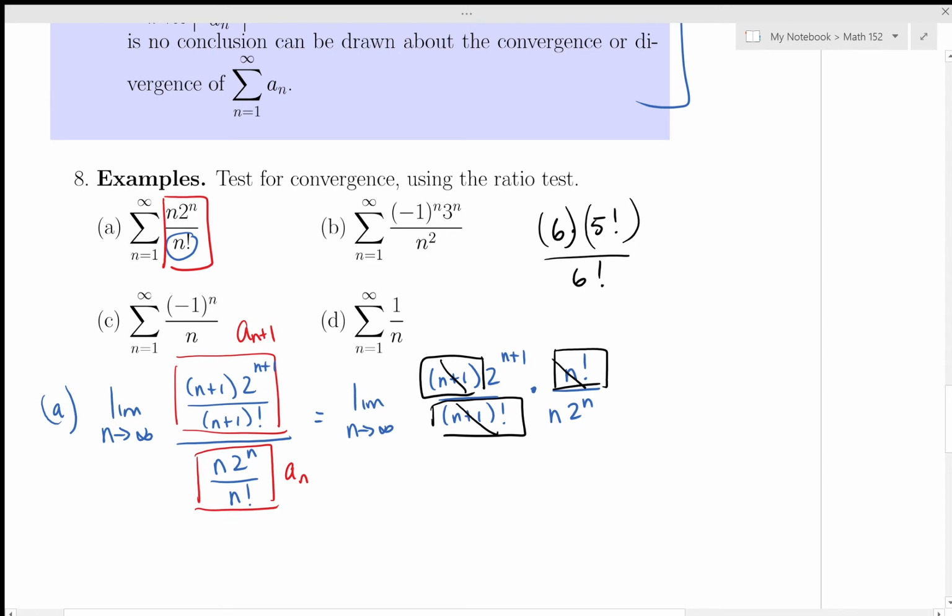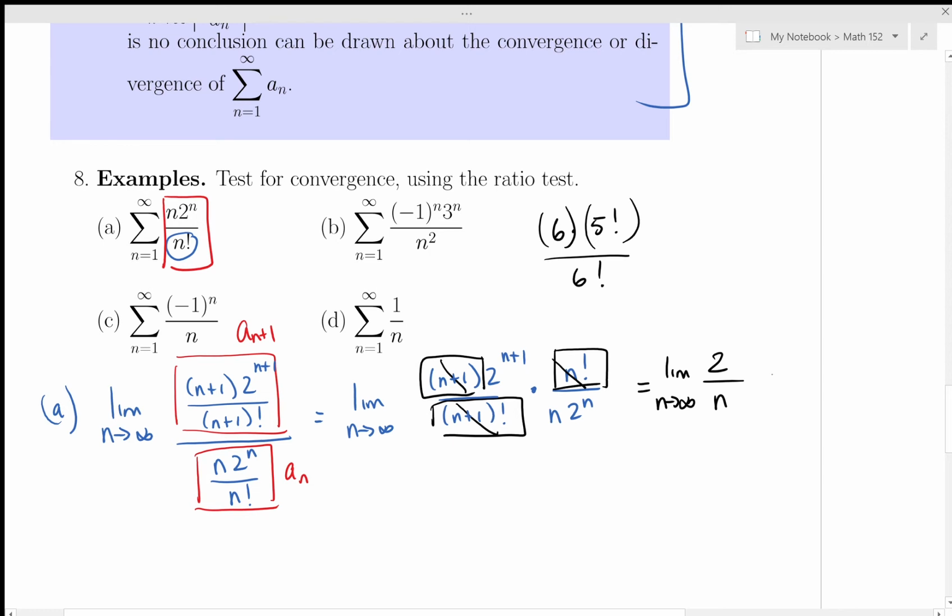We proceed here, and we've got 2 to the n plus 1 in the numerator and 2 to the n in the denominator. So when I do that division, I end up with 2. And then I have n left in the denominator, with n still going to infinity.